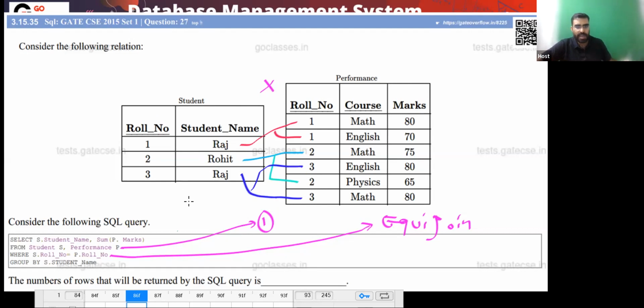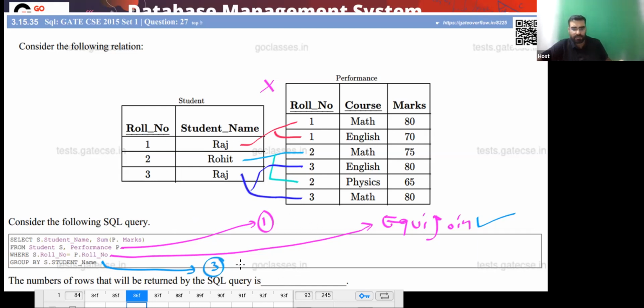Finally, after this cross product is done and this where clause is done, the third step is that you will group by student name.